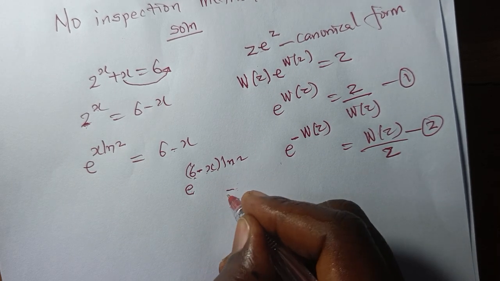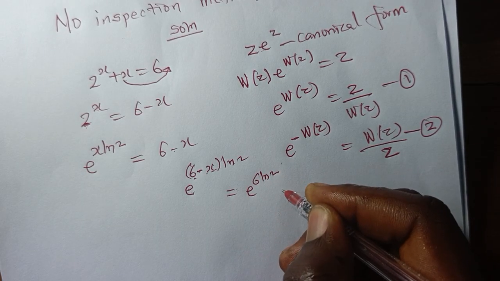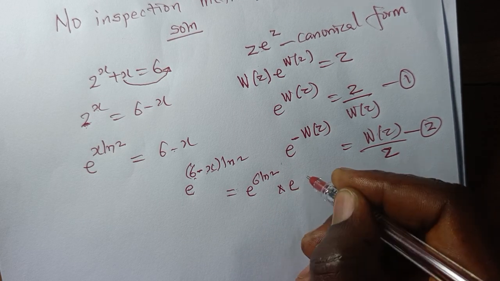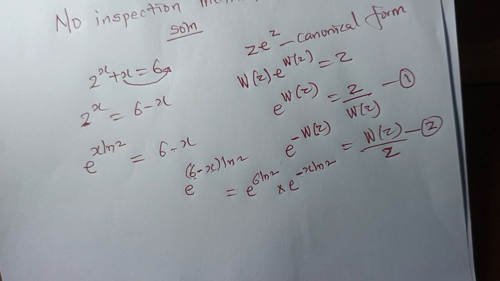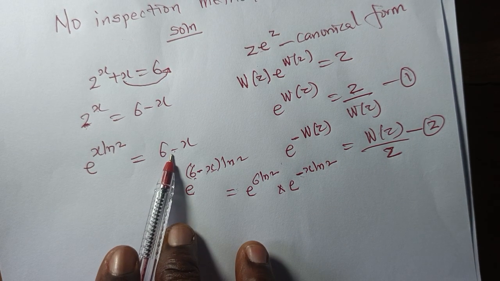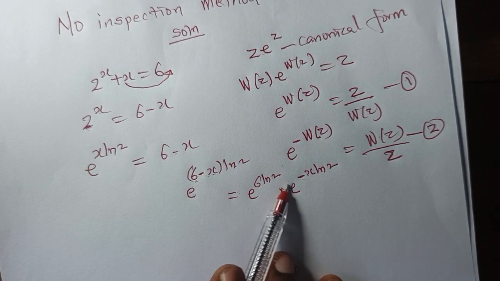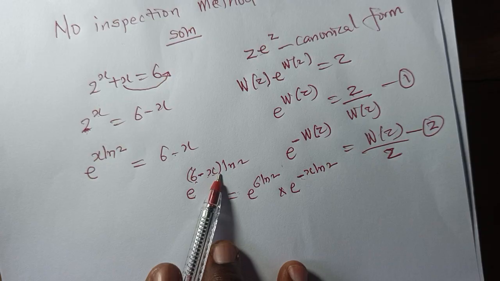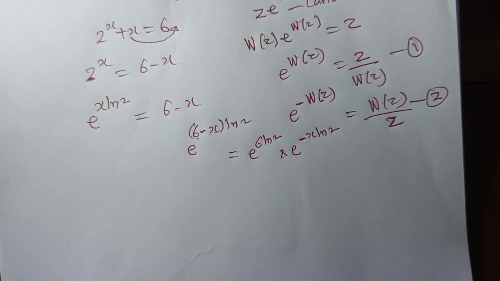We are going to obtain e raised to power 6 ln 2 times e raised to power minus s ln 2. Because we are having negative s here, that is why we need to apply this, that's why we need to manipulate this way.